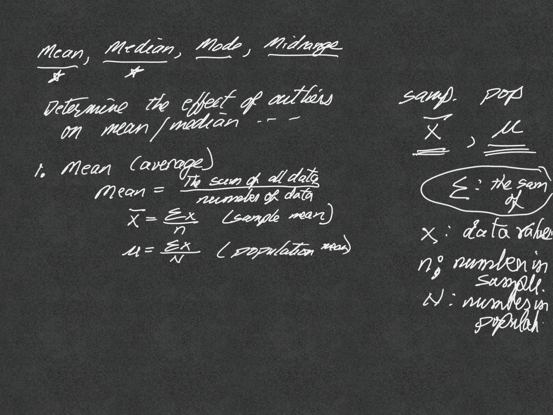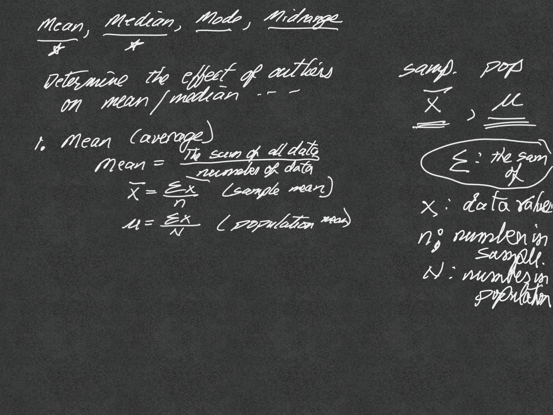Okay? In general, what do these formulas tell us? They say add them up and divide by the total. That's what they say. It's pretty straightforward, all right? Now, to find the mean, you have to use all data values in the sample or the population. So you need to use all of them, okay?